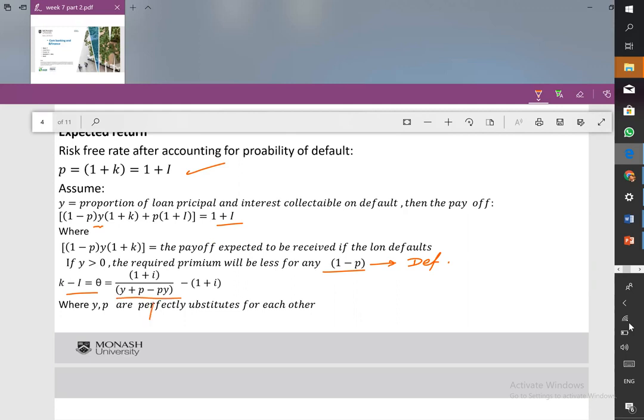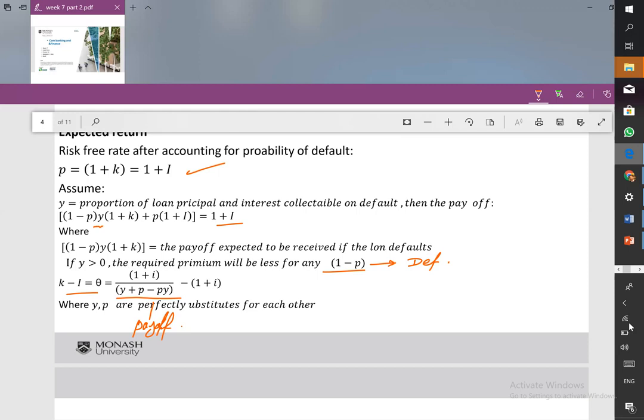This is actually 1 plus K, which is the probability of payment. This is the whole payoff, which is the probability of payment and the probability of defaulting times the collateral.